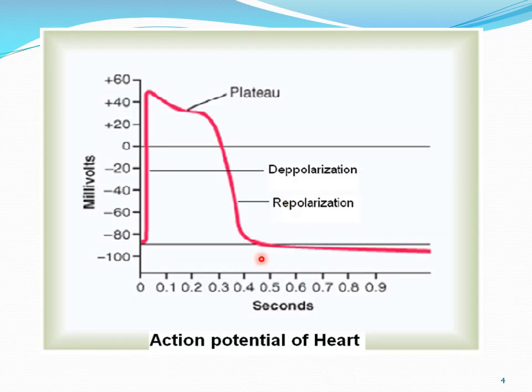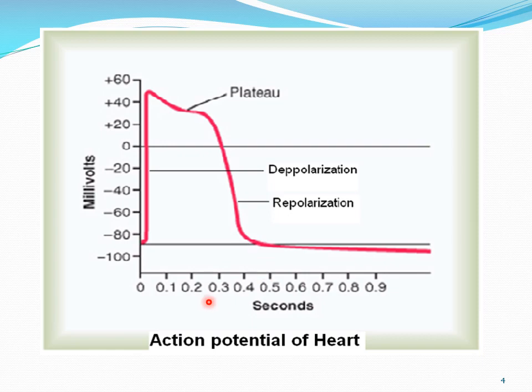So here you see it gives the plateau potential in the heart muscle. And what is this plateau potential? Very simple. You already studied the action potential. What are the phases of any action potential? There is first depolarization, and it is followed by repolarization.